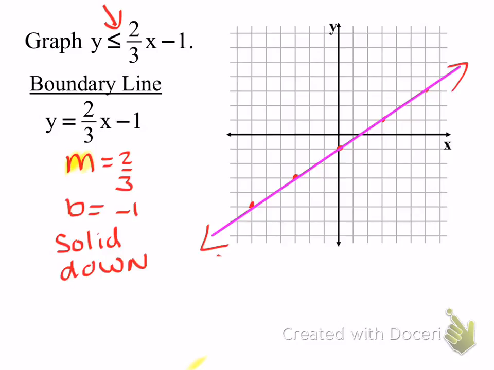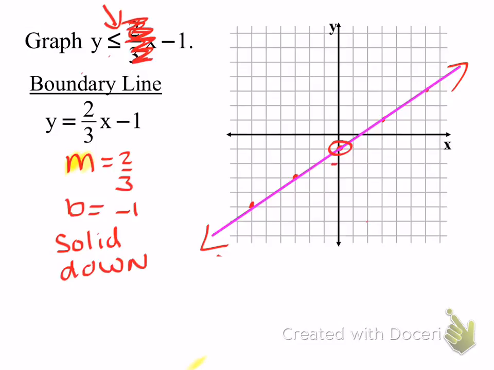Now I have to deal with the shading. Here's my little method. I get rid of the slope and the y-intercept and I ignore it temporarily. And I read it: y is less than or equal to negative 1. Where are the numbers on the y-axis less than or equal to negative 1? Above or below this point? Below.